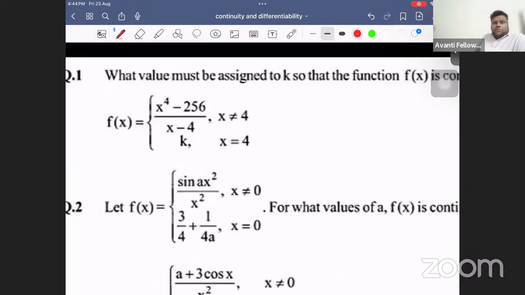What value must be assigned to k so that this function is continuous at x equals to 4. Give me your answer in the chat box.